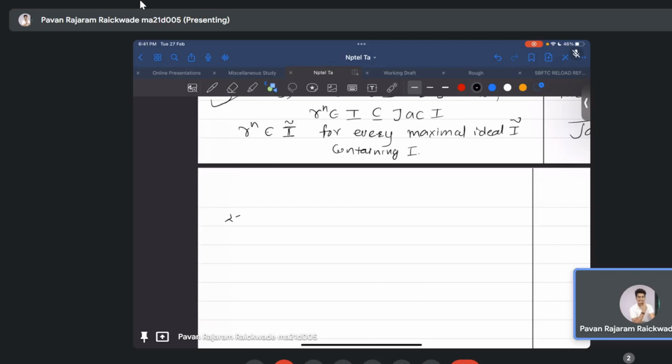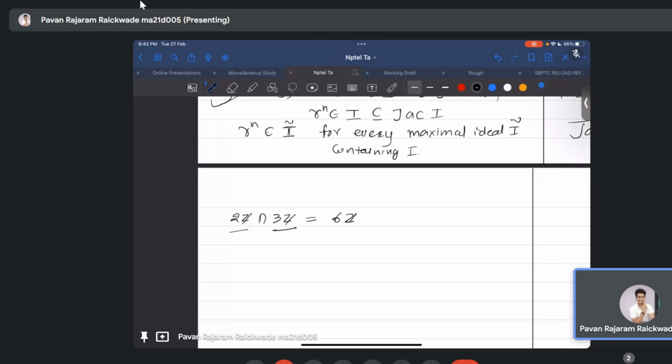Let's say you have distinct primes: you have 2Z and you have 3Z, and take the intersection. What do you get? This is all integers which are multiples of 2, and this is all integers which are multiples of 3. So their intersection is the elements which are multiples of both 2 and 3. That means it is a multiple of 6, right?